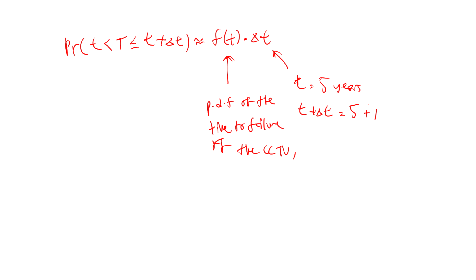The probability is the PDF multiplied with 1 year. That provides you the way to predict the likelihood that your CCTV fails in the next year, provided that you know the probability density function of the time to failure of the CCTV.